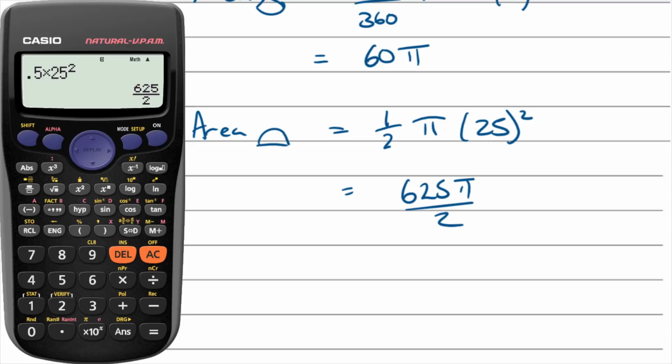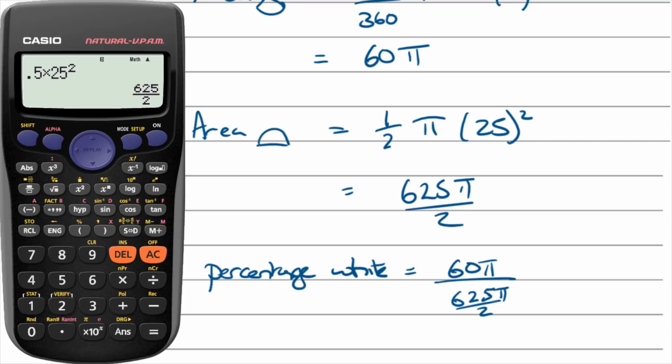Okay. So the percentage that's white is going to be 60 pi divided by 625 pi over 2. Dividing by a fraction is the same as flipping that fraction over and multiplying. So that's the same as 60 pi times 2 over 625 pi.